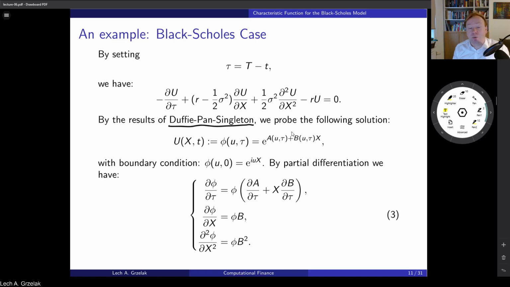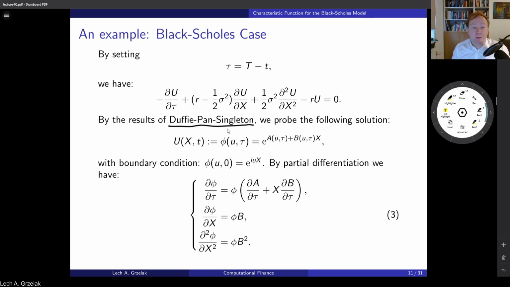A and b are some functions. We have to find them, but this is just a form that will satisfy this PDE. Later in this lecture, we will discuss exact conditions for which this is indeed the case, that an expression of this form satisfies the pricing PDEs we have.